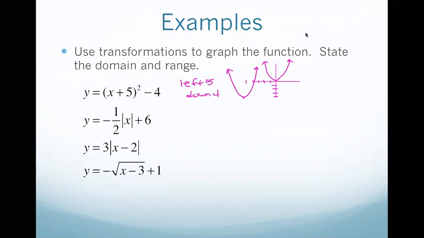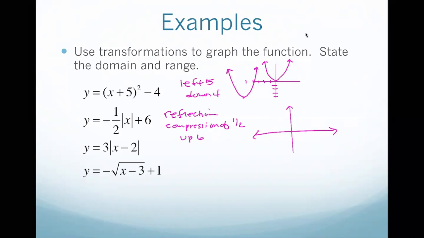The next one is a reflection. It is a compression of 1/2, and it's shifted up 6. Compression, remember, is smashing it. It's going to make it look fatter. The reflection is going to flip it over the x-axis.